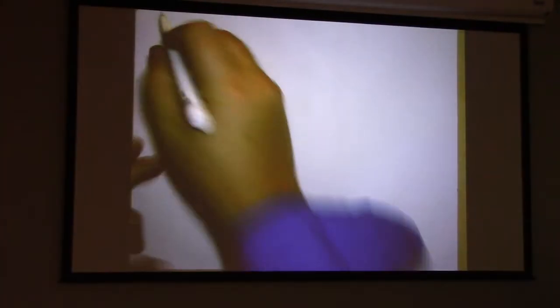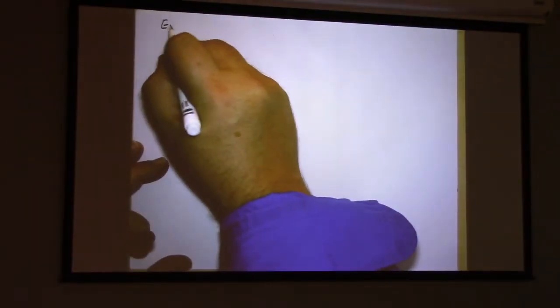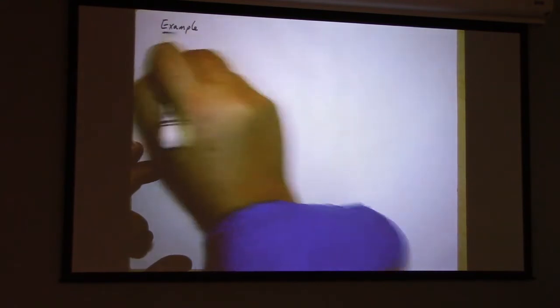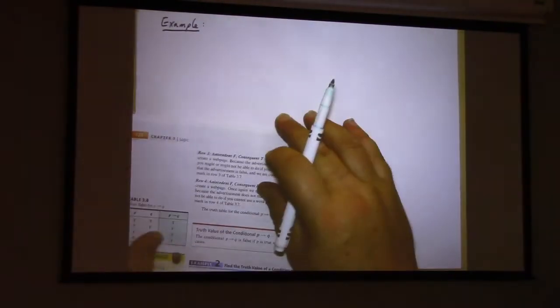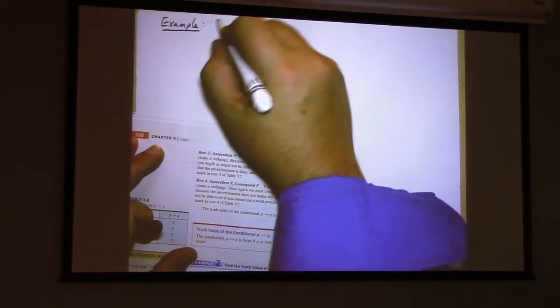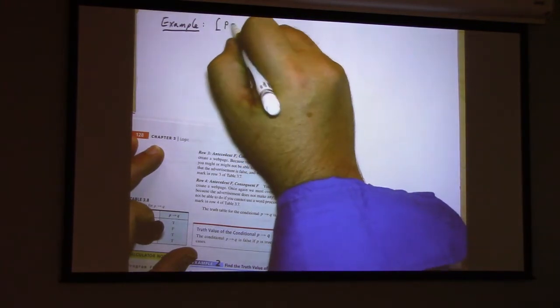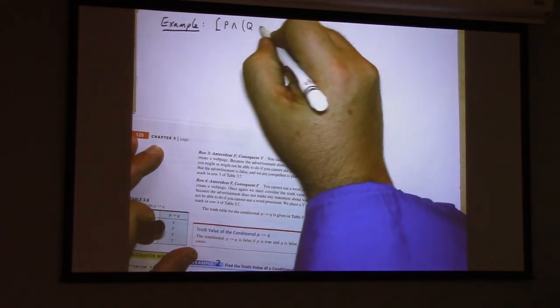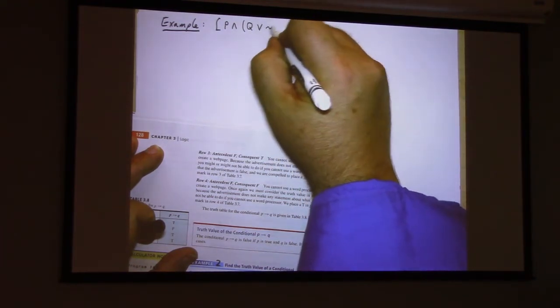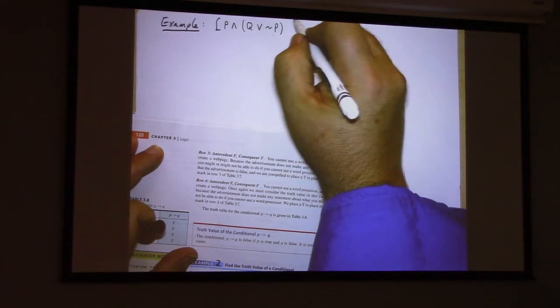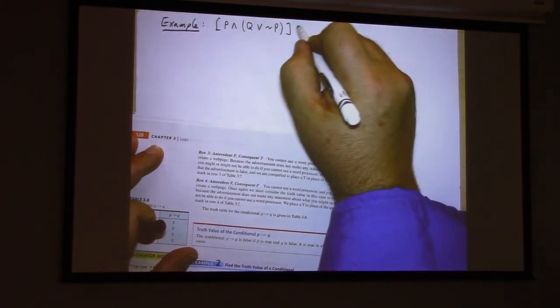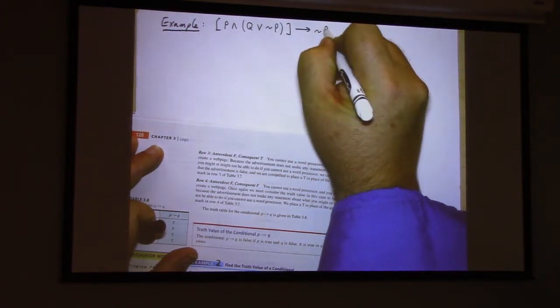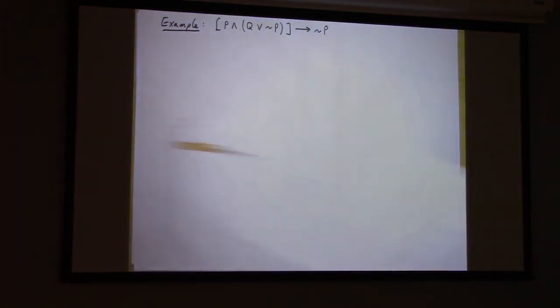So, example, let's work it out here. We want to work out the truth table for, this is on page 128, P and parentheses Q or not P, close square bracket, implies not P. This is quite a truth table, isn't it?